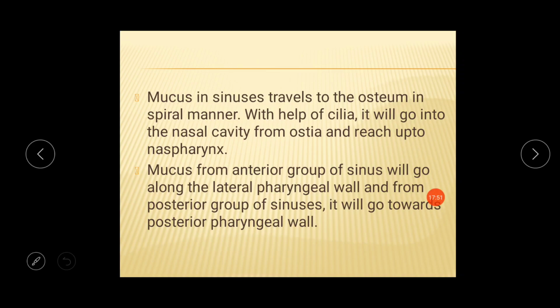Mucus from the anterior group of sinuses, that is the frontal sinus, maxillary sinus and anterior ethmoidal sinuses, will go along the lateral pharyngeal wall, and from the posterior group of sinuses it will go towards the posterior pharyngeal wall.